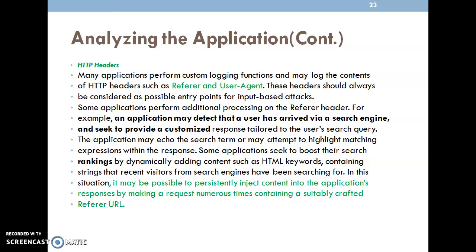It means that whenever we send a request from the search engine or the browser, it will ask for only a particular response from the server. And a few websites want to increase their ranking.